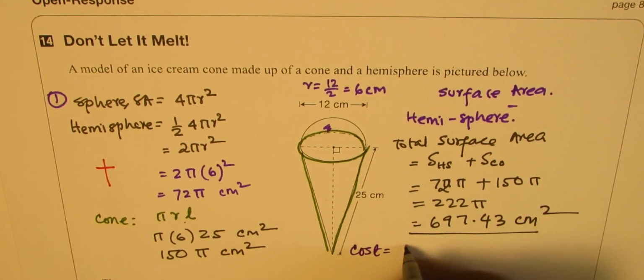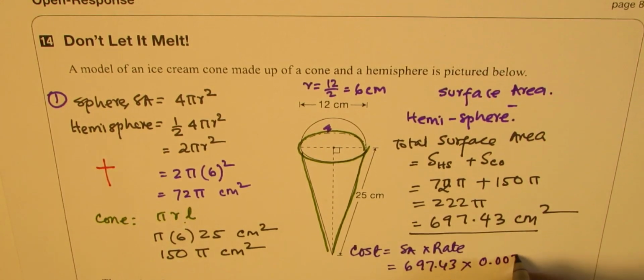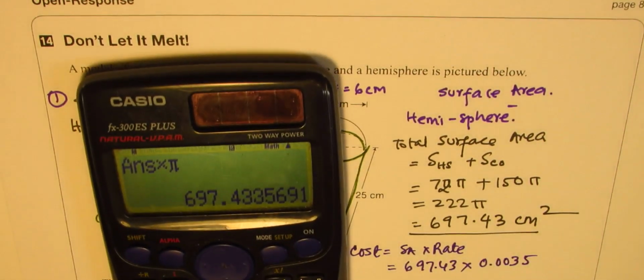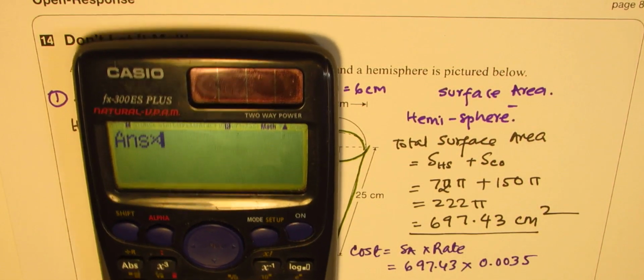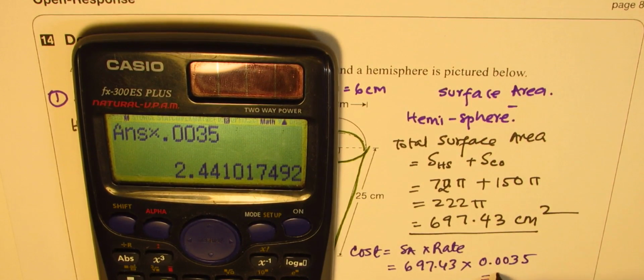Cost will be equal to surface area times the rate. So in this case, it is going to be 697.43 times 0.0035. So we already have the first number in the calculator. We'll multiply this by 0.0035, correct? And write down our answer, which comes to 2.44, correct?